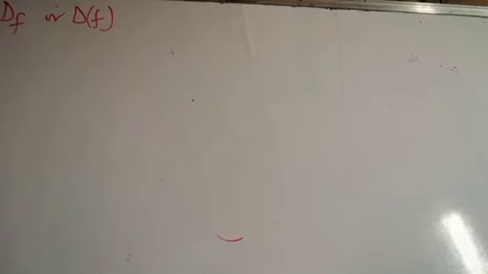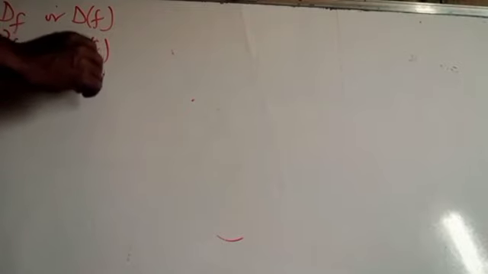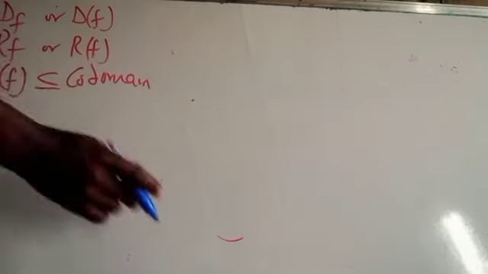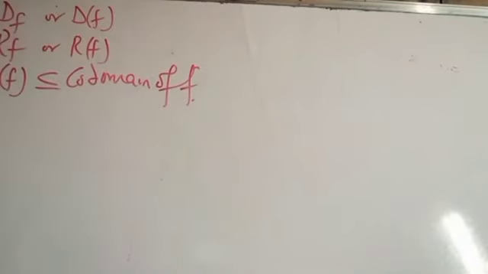Some authors prefer to use D of f. It's still the same thing. Now the range of f is represented by Rf, or you can write R of f. And the range of f is always a subset of the codomain, of course, because we have exhibited that before. The range is not up to the entire codomain.